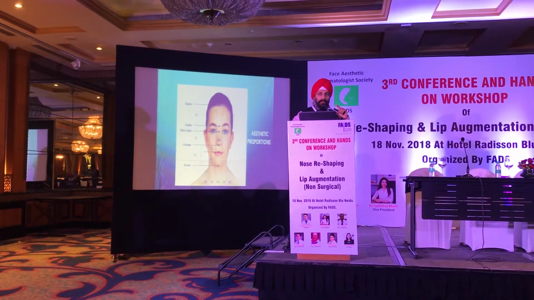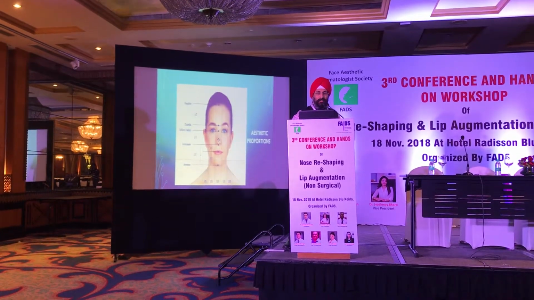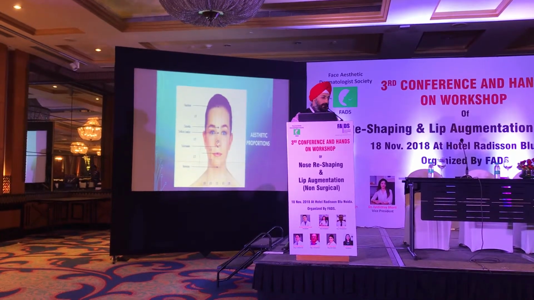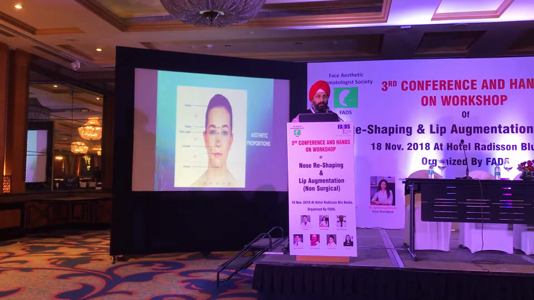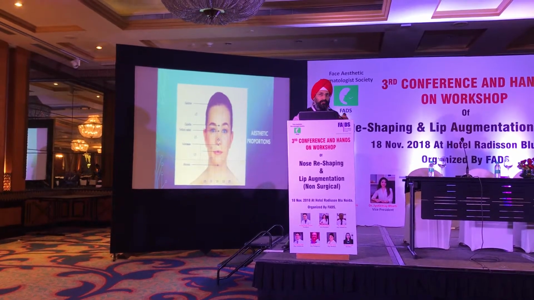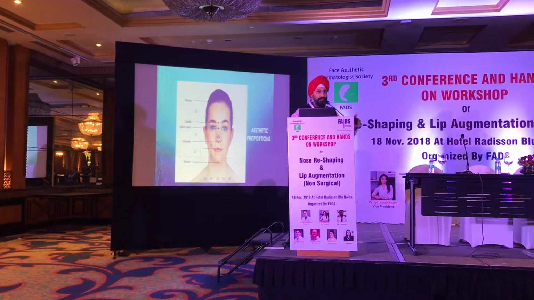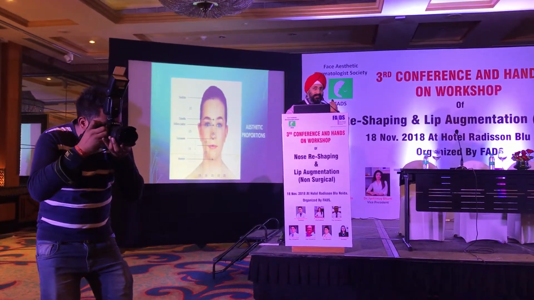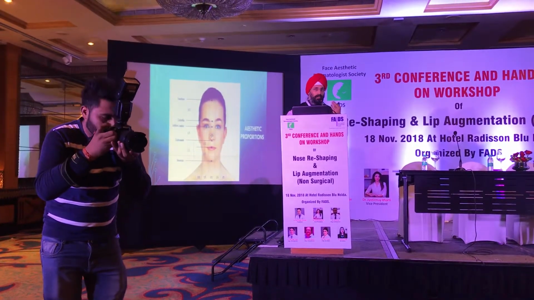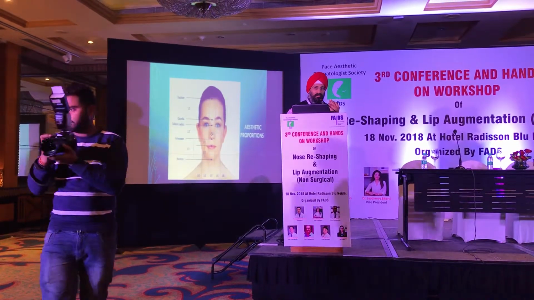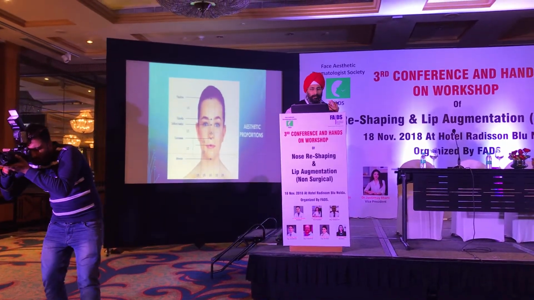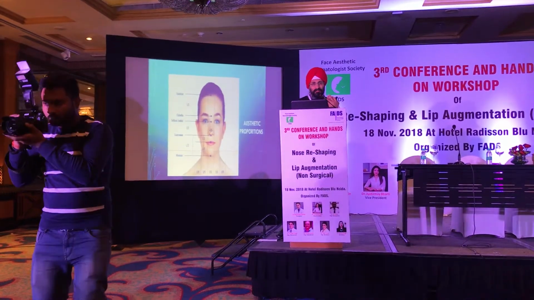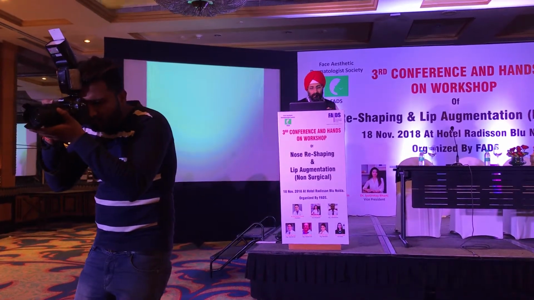The middle third is from the glabella to the subnasal, and the lower third is from the subnasal to the menton. Also, we can divide it into fifths, the rule of fifths. In the rule of fifths, the middle fifth is occupied by the nose. So that's how important the nose is. The nose is the front exposure of the patient we have to be focused on, and that actually is a very important part of the aesthetics.